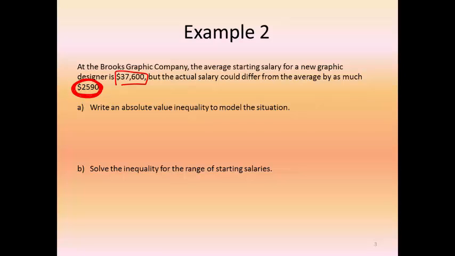So we start with what goes inside the inequality. So if I have, write an absolute value to model this, I'm going to say the salary minus 37,600 could vary by as much as means less than or equal to, as much as, less than or equal to.